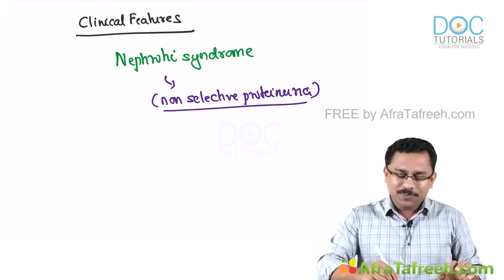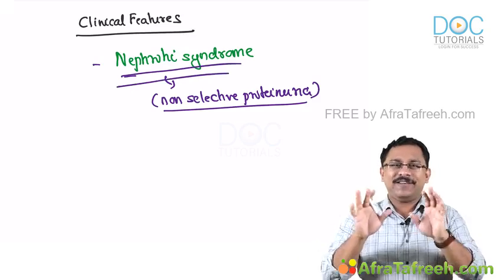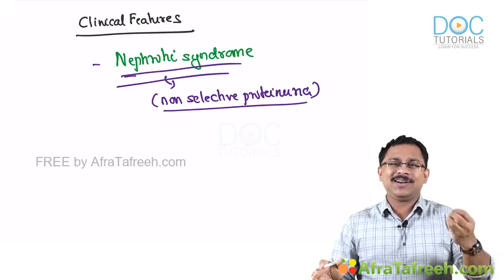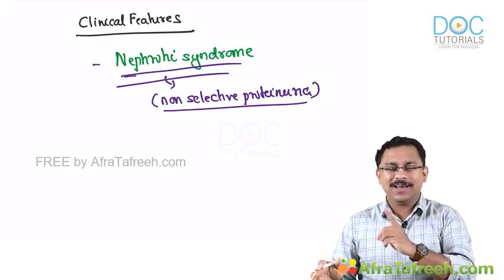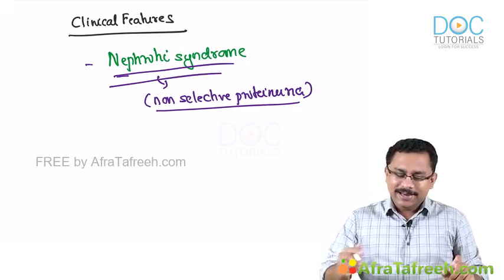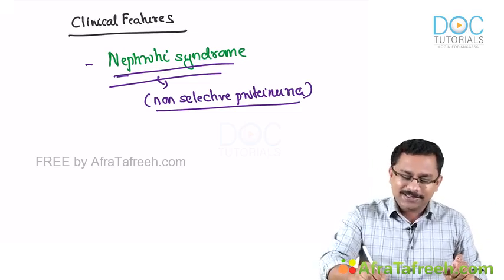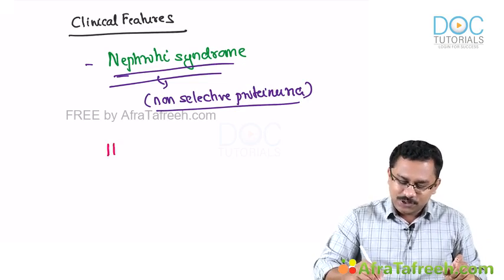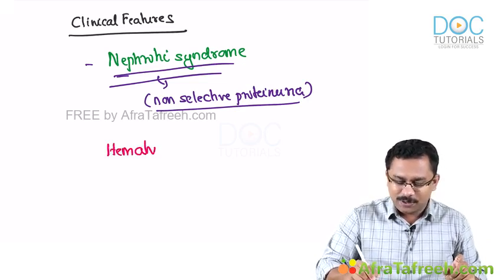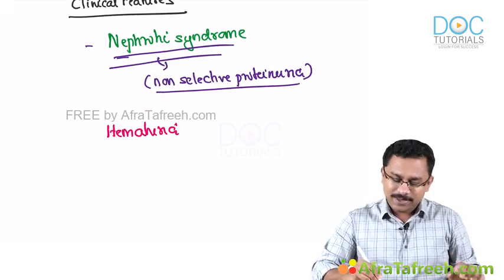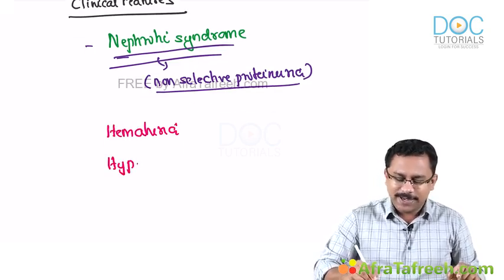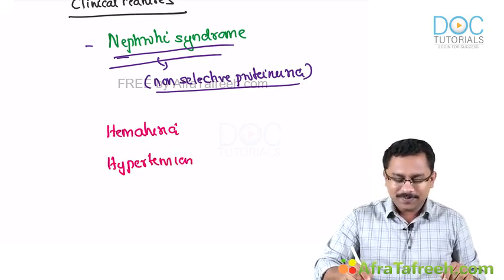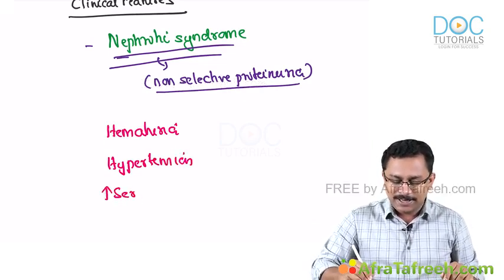I'm not going into too much detail on nephrotic syndrome features, which we have already discussed in the module on clinical presentations of glomerular disorders. In addition, there are certain points you should know: the patient may also have hematuria, hypertension, and increased serum creatinine.